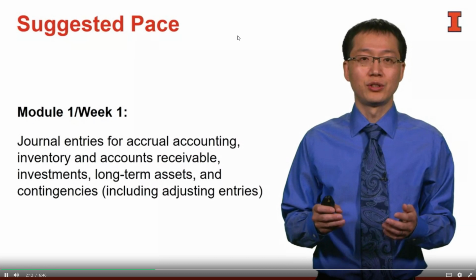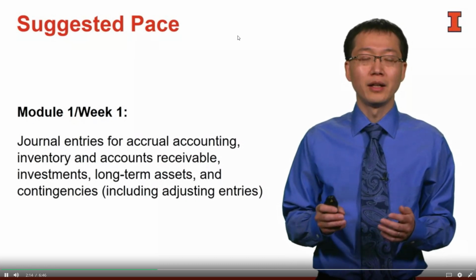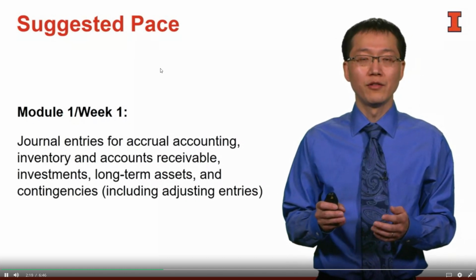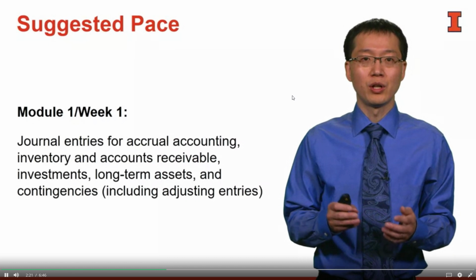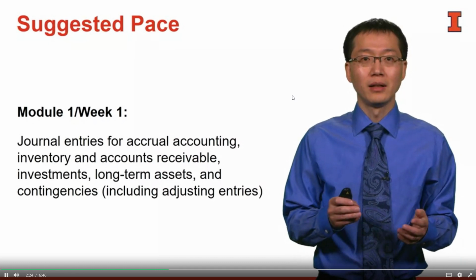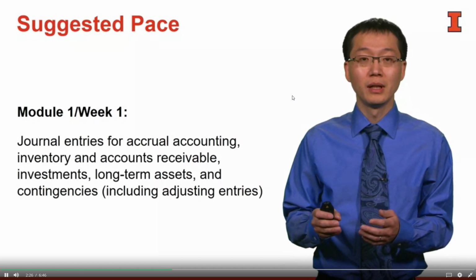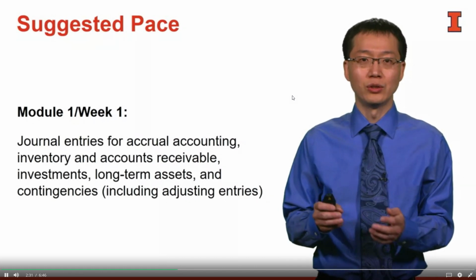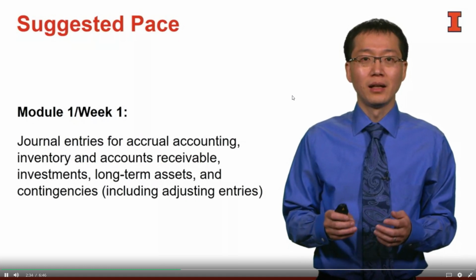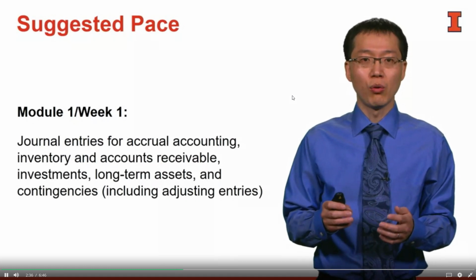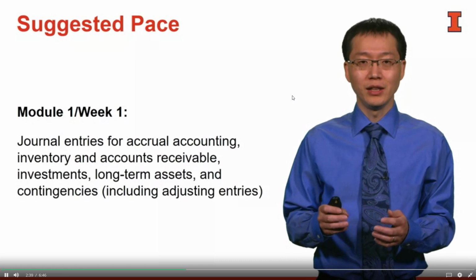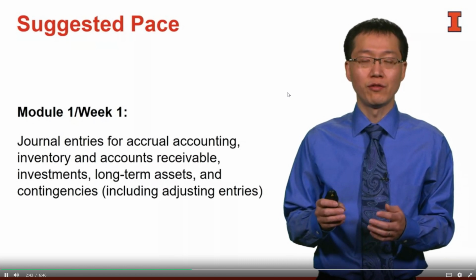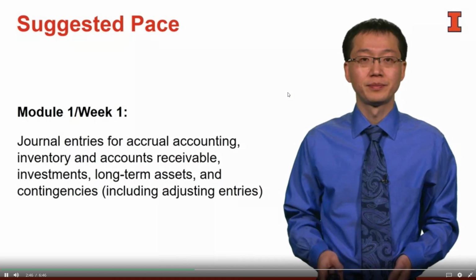Here is the suggested pace for this project. In the first week, you need to record journal entries related to the first 5 topics, which are accrual accounting, inventory and accounts receivable, investments, long-term assets, as well as contingencies. Notice that these journal entries should also include all the year-end adjusting entries, such as the journal entry for depreciation expense.